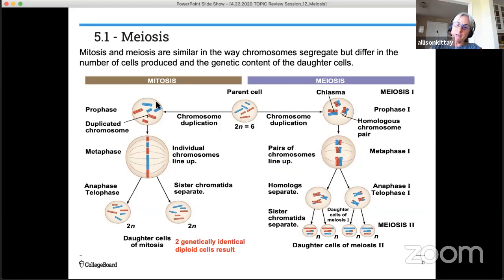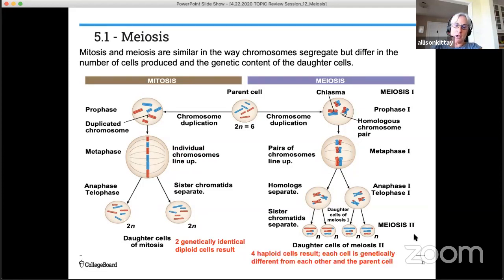If we look at meiosis, there are some other things that we're going to talk about in just a moment, but in prophase, what you're going to see here is homologous chromosomes are pairing up, and they line up in metaphase 1. And at the end of metaphase 1, we have 2 cells with homologous chromosomes. In meiosis 2, those 2 cells divide again, so we end up with 4 cells when the sister chromatids separate.